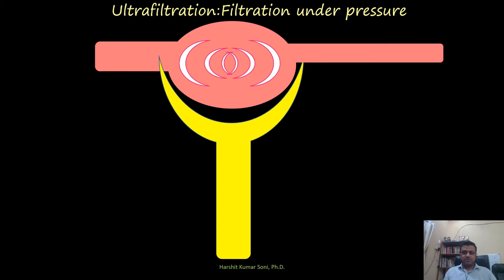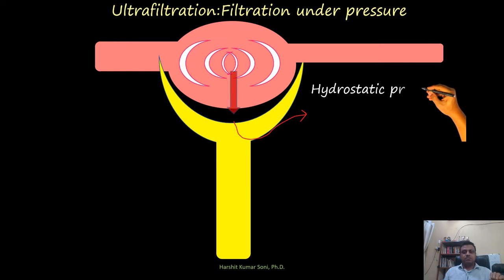This is the efferent arteriole. You can see the change in the diameter here, and here is the Bowman's capsule, and here is the glomerulus.